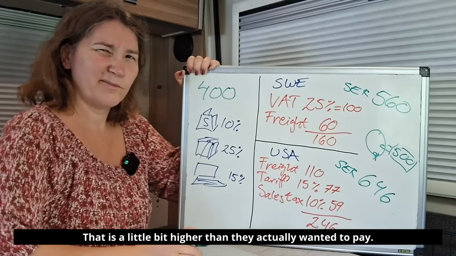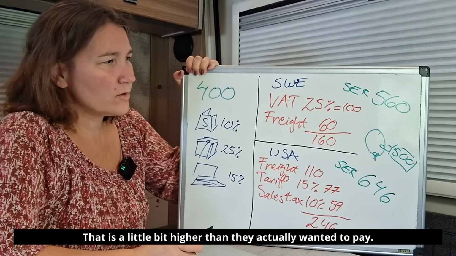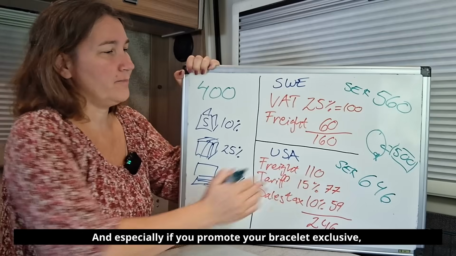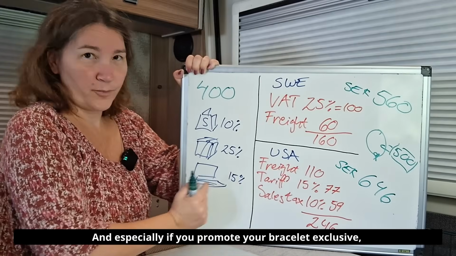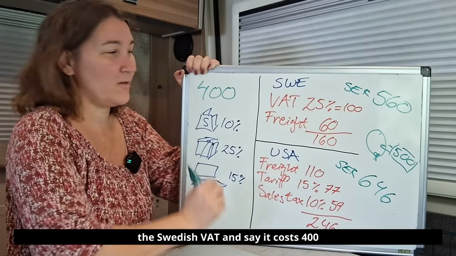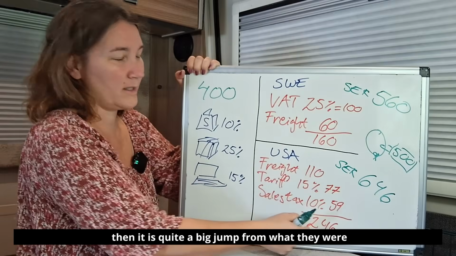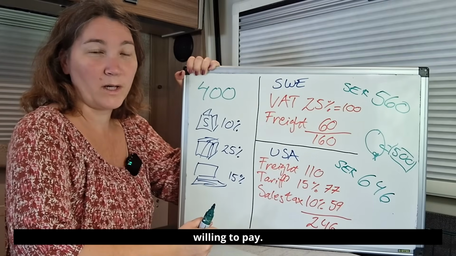That is a little bit higher than they actually wanted to pay, and especially if you promote your bracelet exclusive of the Swedish VAT and say it costs 400, then it is quite a big jump from what they were willing to pay.